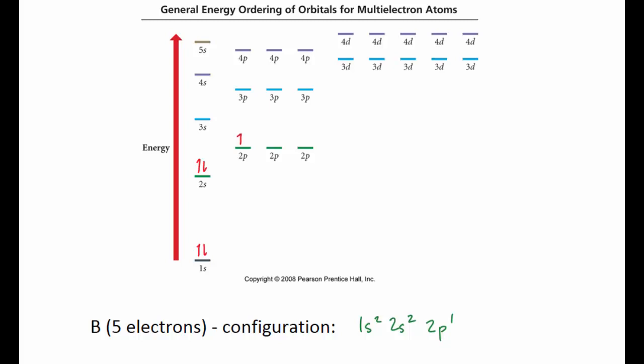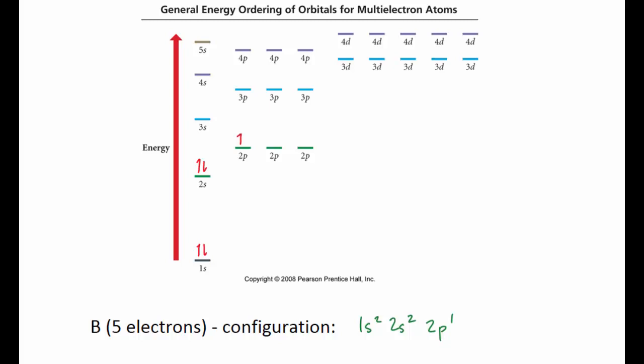Now, look at 2p. 2p looks different from the s's from before, because there are now 3 orbitals within every p. What shape is a p orbital? Yeah, s was spherical. p had 2 lobes. So for it to be a symmetrical subshell, there have to be 3 of them: an x, a y, and a z.